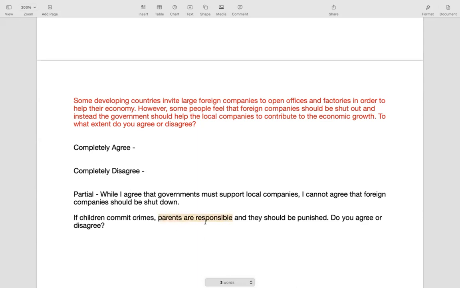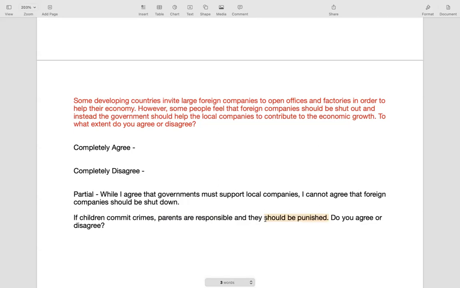Rajni, while I agree that parents are responsible for the children's behavior, right? Yes, I cannot agree that they should be punished. Is it clear?